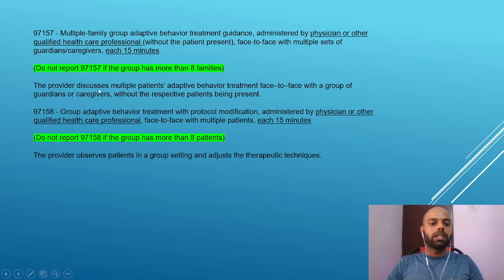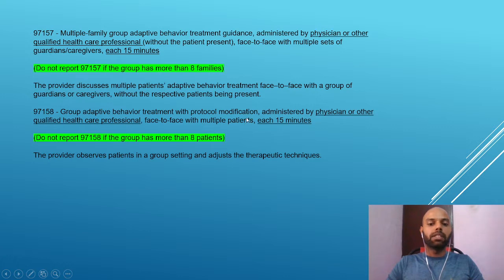The provider discusses multiple patients' adaptive behavioral treatment face to face with a group of guardians or caregivers without the respective patients being present. 97158 Group Adaptive Behavioral Treatment with protocol modification, also called social skills, administered by a BCBA, face to face with multiple patients.